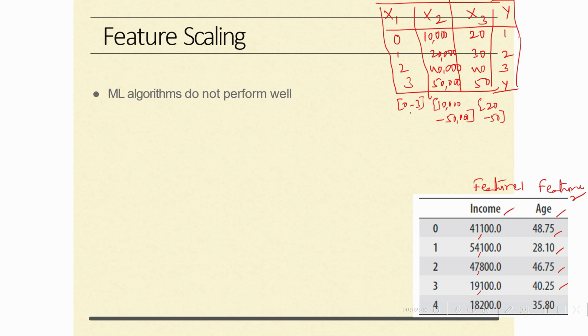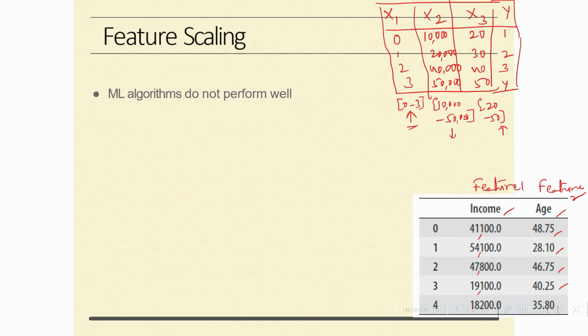Compared to all the features, this is a small range, this range is very high, and this range is somewhat medium. In this case, if you apply machine learning concepts on this data set, it is unable to perform very well.